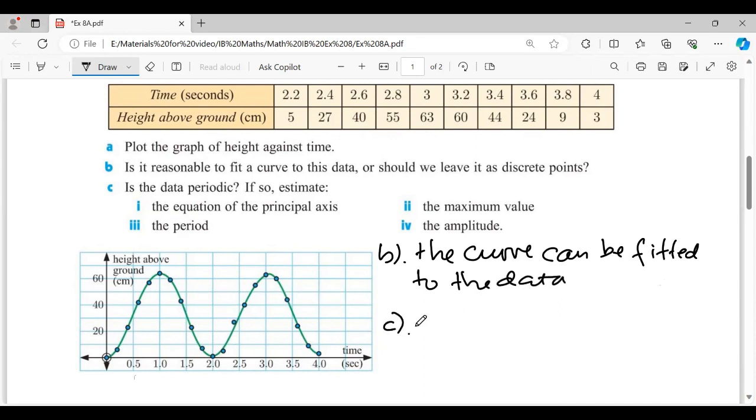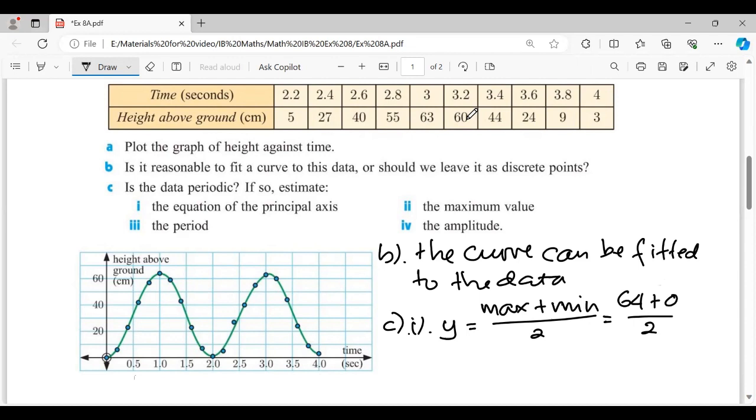Next, C. The equation of the principal axis. We can find it through this rule: maximum data plus minimum data over 2. So maximum data 64 plus 0 over 2.